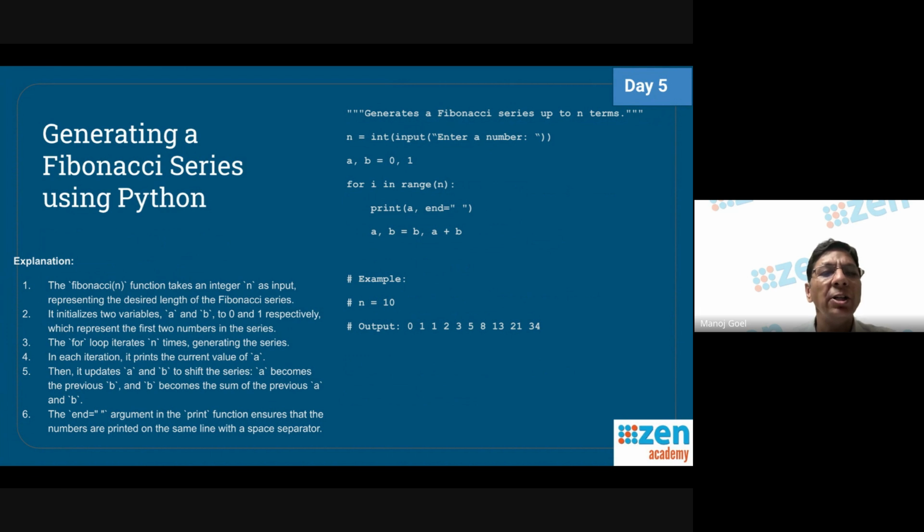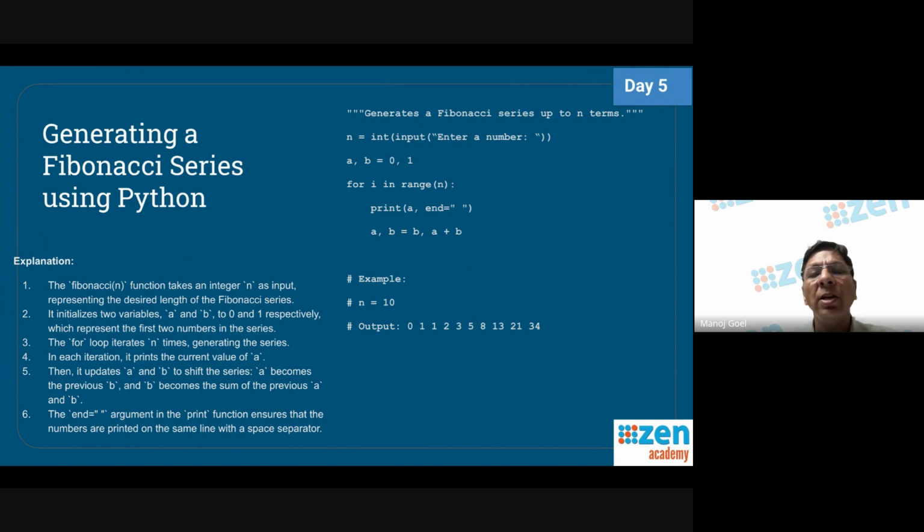In each iteration, it prints the current value of A, then it updates A and B to shift the series. A becomes the previous B and B becomes the sum of previous A and B. The end equals space string argument in the print function ensures that the numbers are printed on the same line with a space character.